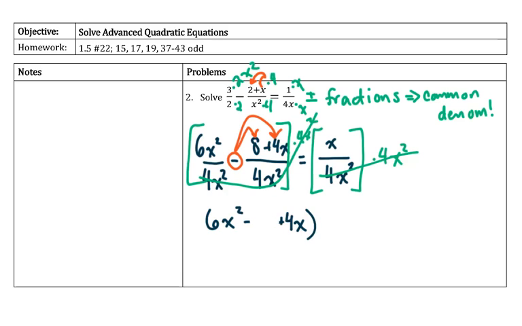So you can also have it as, in this case, minus 8 minus 4x equals x.